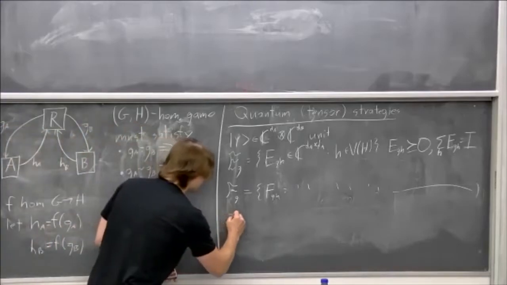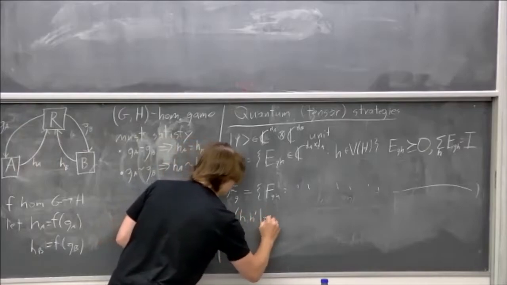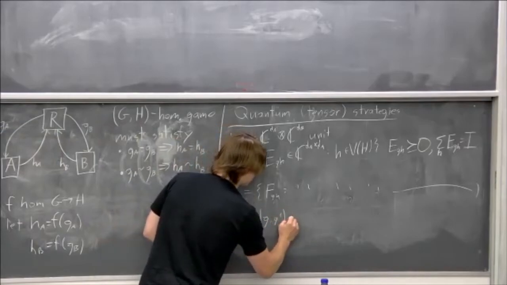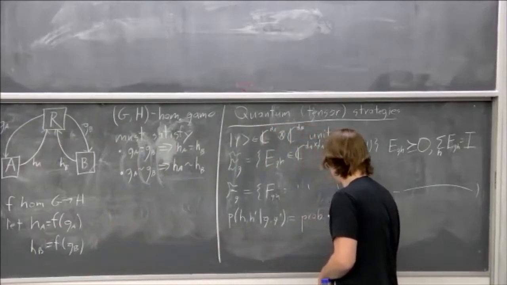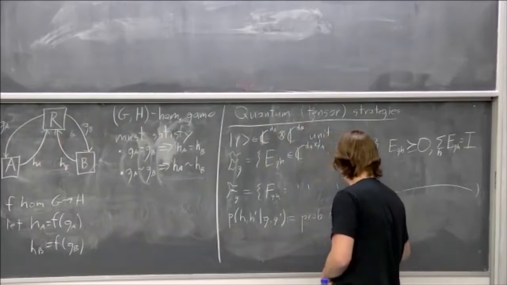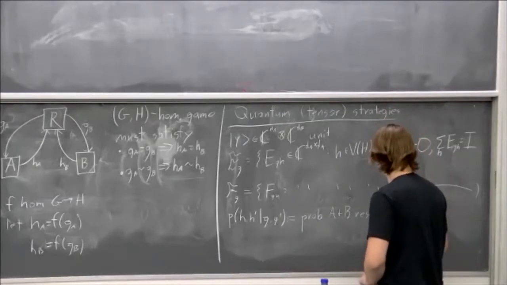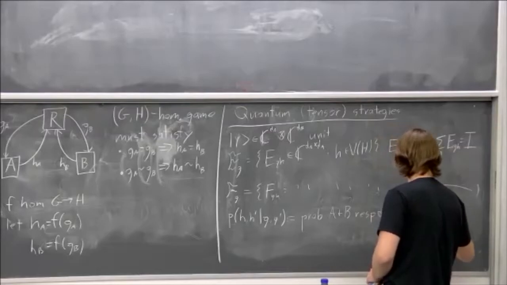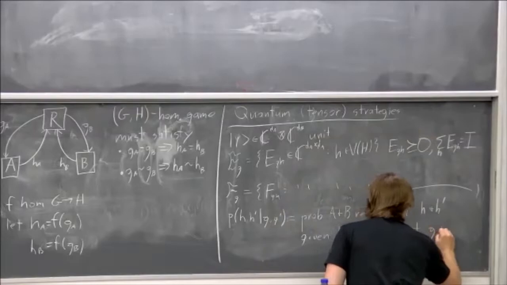So let P(H, H' | G, G') be defined as the probability that Alice and Bob respond with H and H', given, so it's a conditional probability, they were sent G and G'.